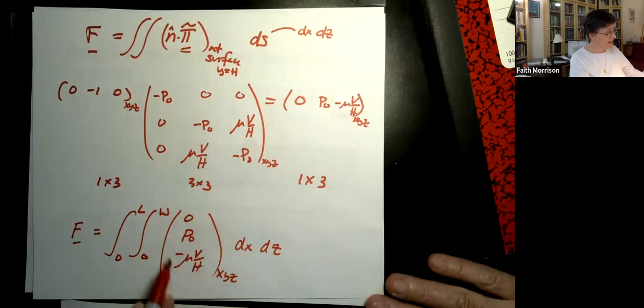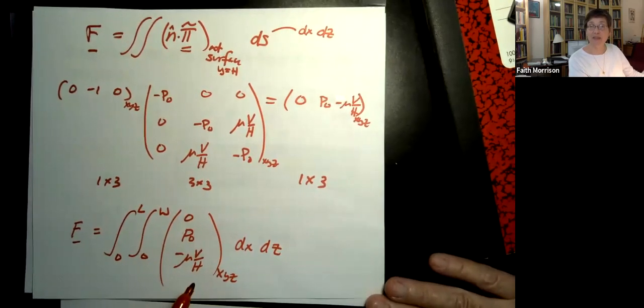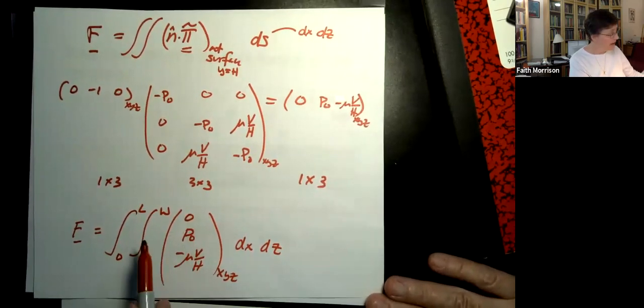Now this is actually all a bunch of constants. So this is a particularly easy problem that I did. So it's 3 integrals. It's the integral of 0 dx dz, which is 0.